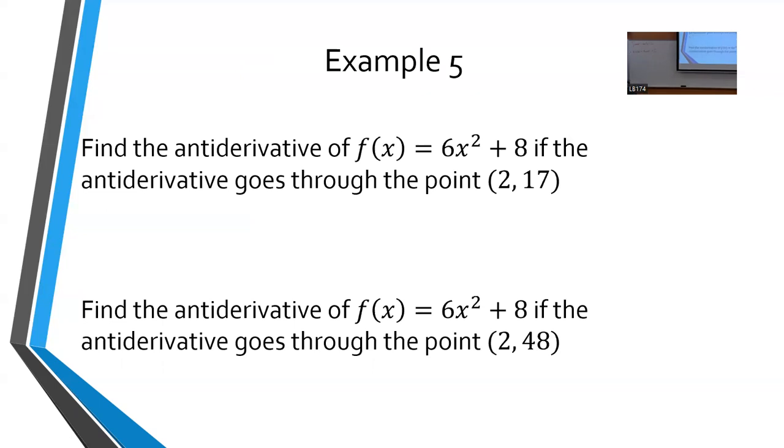So for instance, let's say I want to find the antiderivative of 6x squared plus 8 if I know the antiderivative goes through the point (2, 17). And then I'll find the antiderivative of 6x squared plus 8 if I know it goes through the point (2, 48).